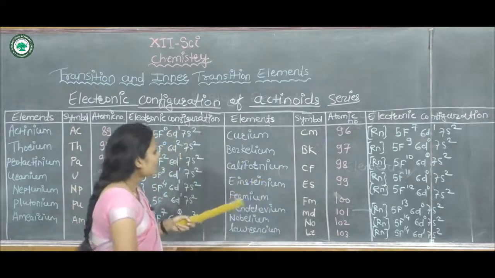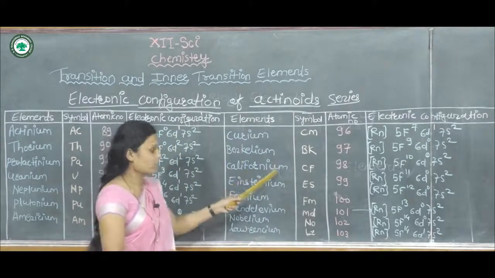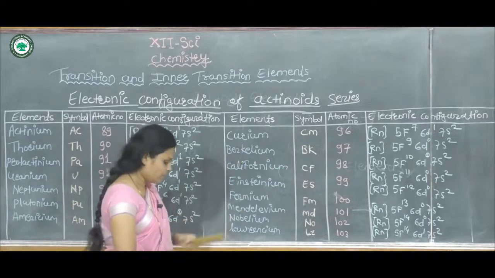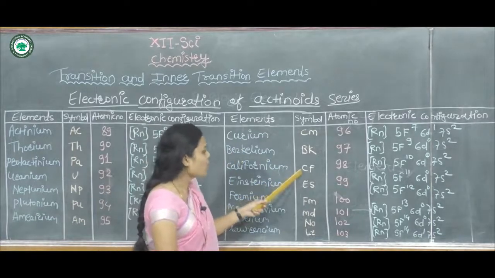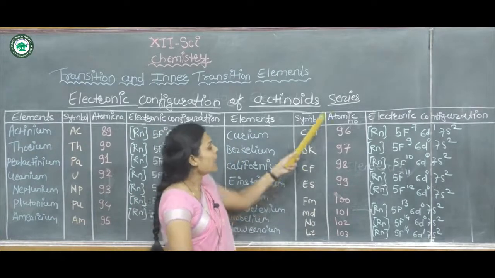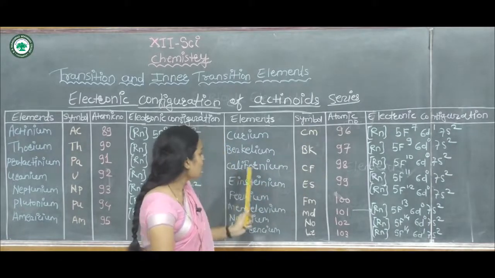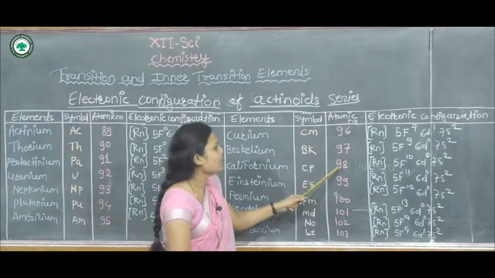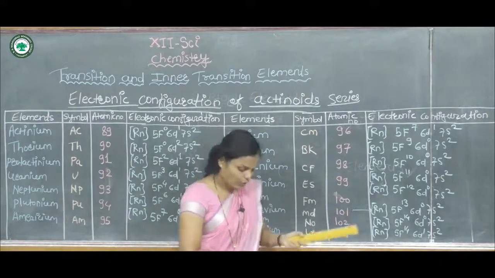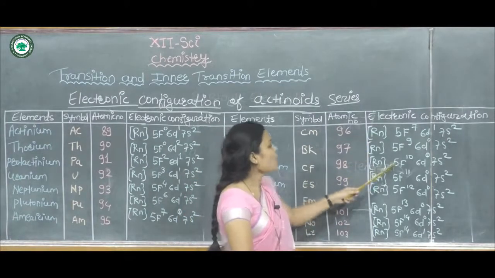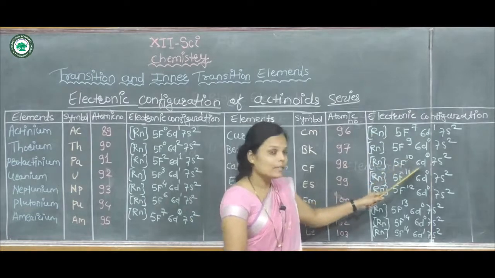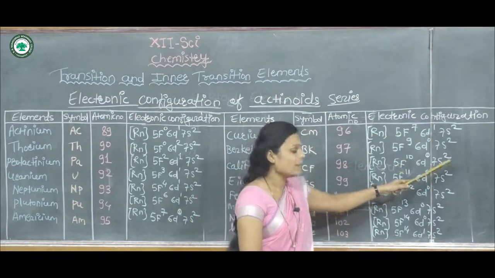Now the next element is californium. Cf is the symbol of californium. Its atomic number is 98, and its electronic configuration is 5f10, 6d0 and 7s2.